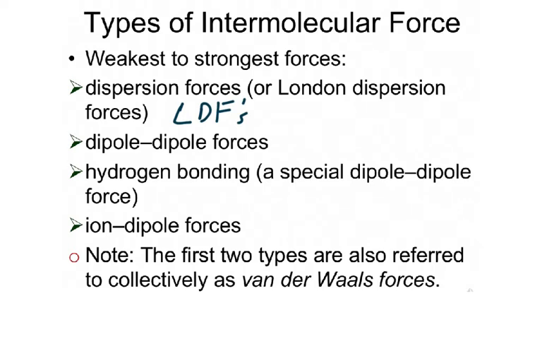Now, these 4 are ranked from weakest to strongest as we go down this way. But all 4 of these are much weaker than an intramolecular force, which I will show you in a moment. Now, the first 2, the London dispersion forces and the dipole-dipole forces, are also collectively referred to as van der Waals forces. Okay?